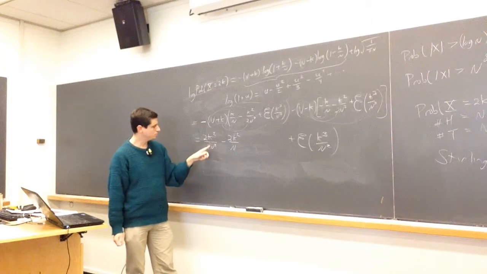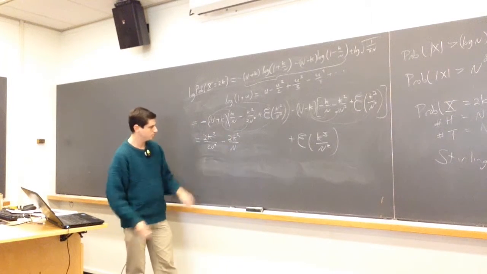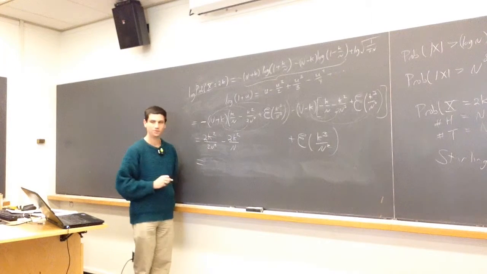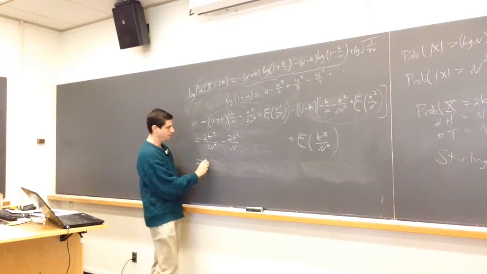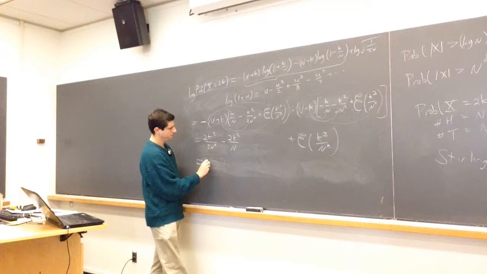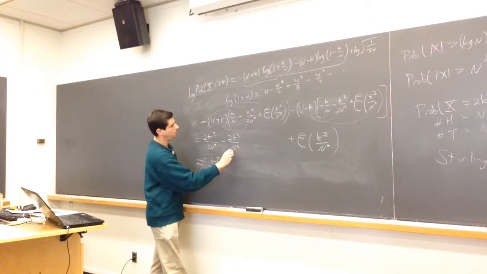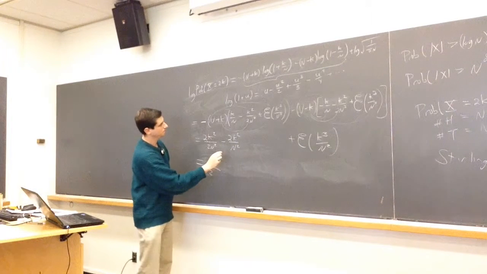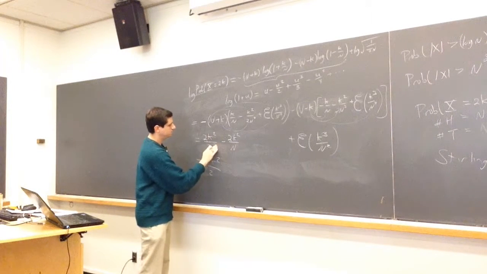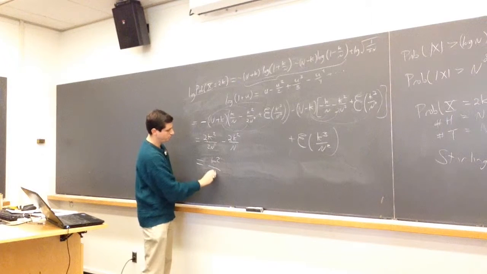All right, so we have 2k squared over 2n squared minus 2k squared over n. What does that equal? I'm getting k squared over 2n. Oh, sorry, this should be an n squared. Or, wait, did I drop things? The other one should be an n. I get k squared over 2n.